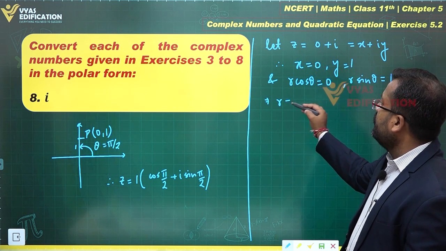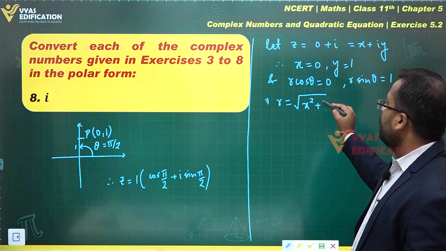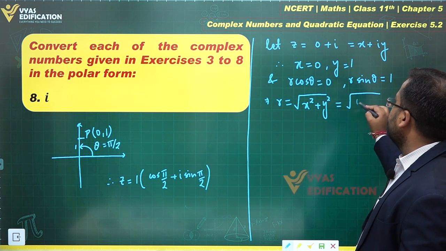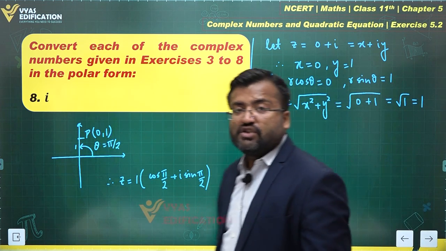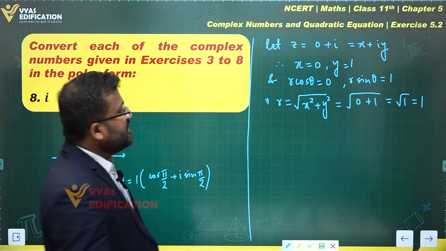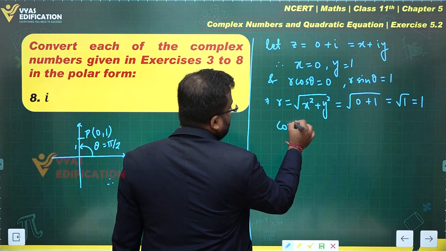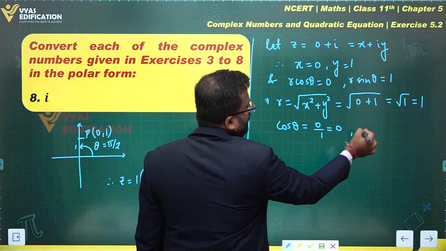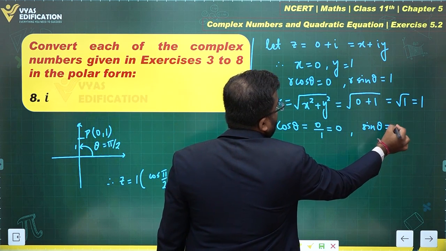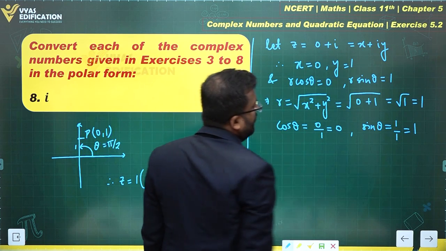Implying r is equal to under root of x square plus y square, which is under root of 0 plus 1, which is under root of 1. This gives me r equals 1. What happens to the values of theta? Cos theta would be 0 over r, which is simply 0. Sin theta would be 1 over r, which is simply 1.